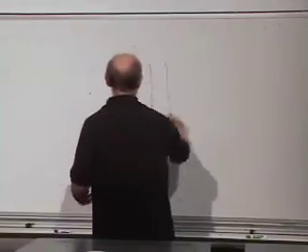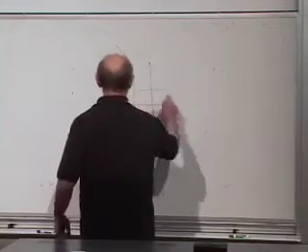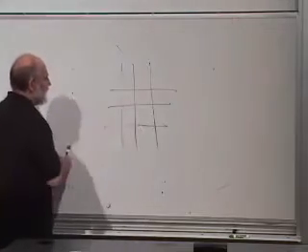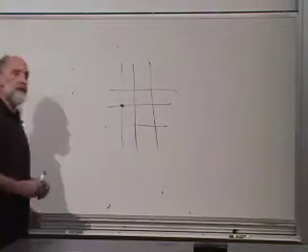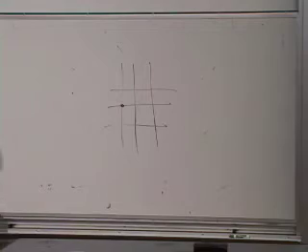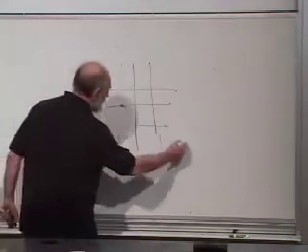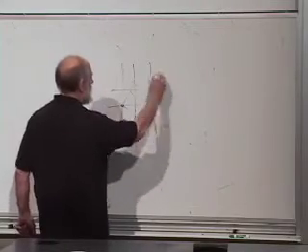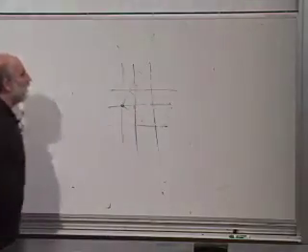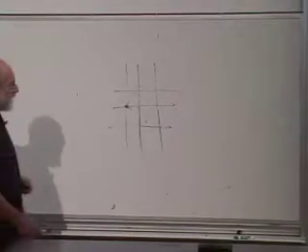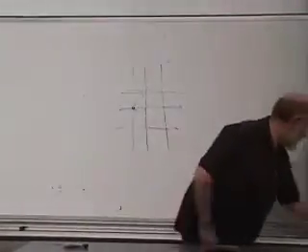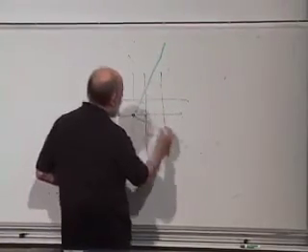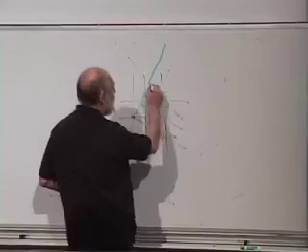Here's a set of Cartesian coordinates. Here's another set. Well, I meant to place the origin at the intersection of the axes. Here's another set. Can that be seen? And they're just related by rotation of the coordinates, of course.